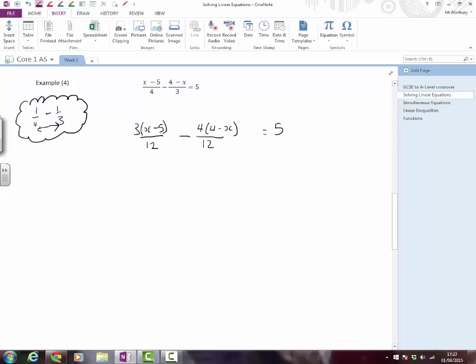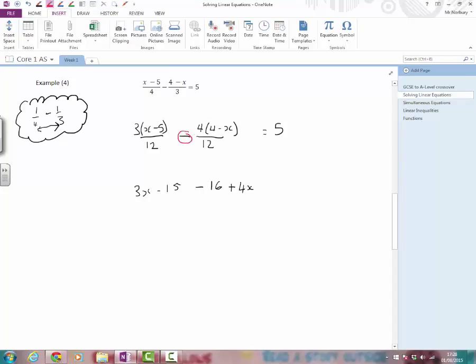Now, what I would like to do here is say, well, 3x minus 15 minus 16. Now, I'm going to put this as plus 4x. And the reason why I'm going to do that is because I'm treating this minus here as though it's attached to this 4 here. So a minus and a minus make a plus.